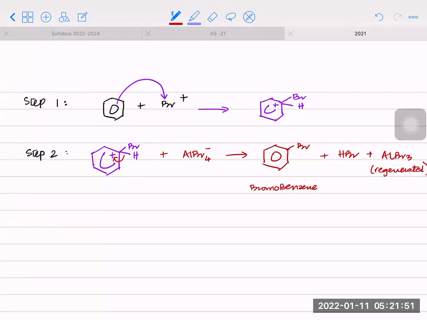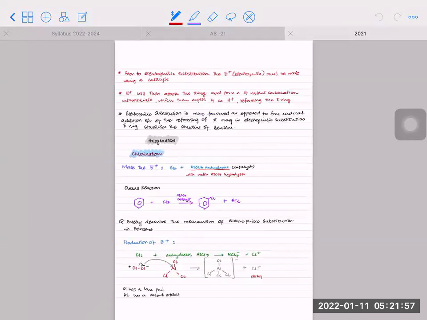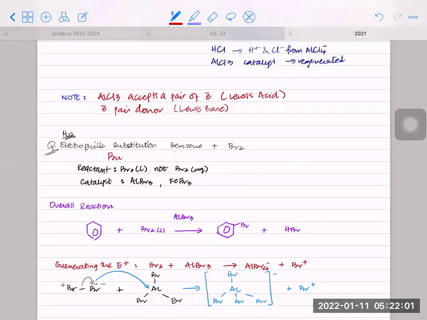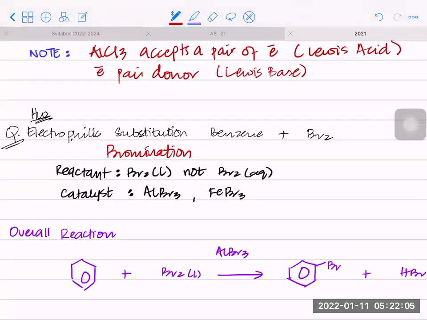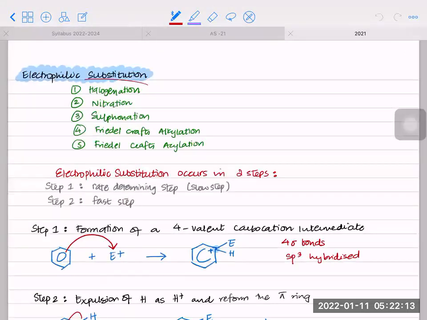It should be unchanged, should be regenerated. Clear? So this is halogenation. We saw chlorination, and this right here was bromination. So we have seen halogenation of electrophilic substitution.